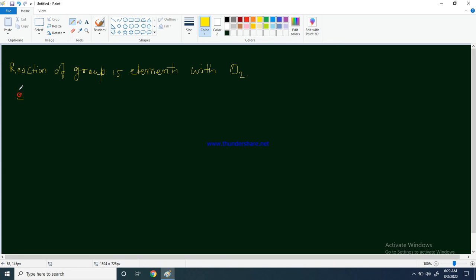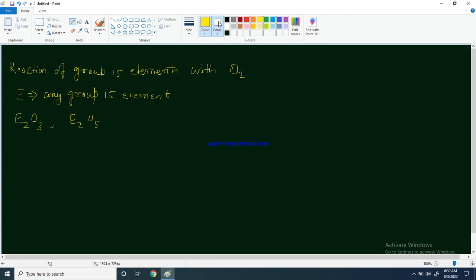Say if E is any group 15 element, then the type of oxide formed by it could be E2O3 and E2O5.